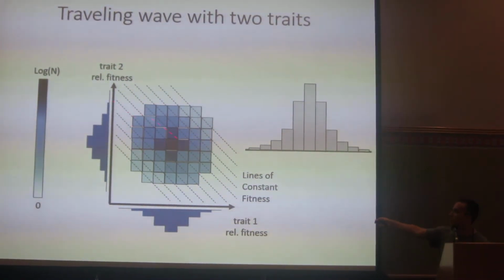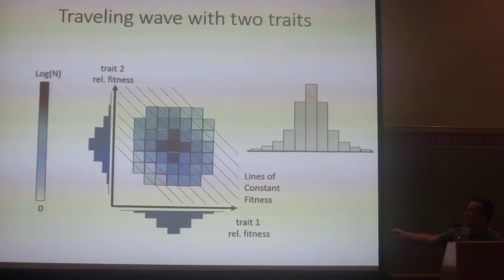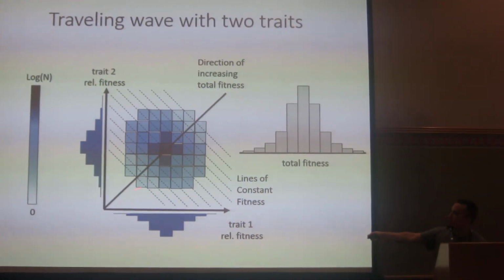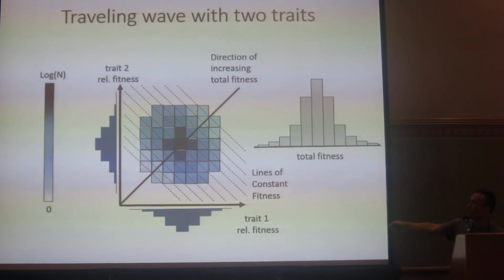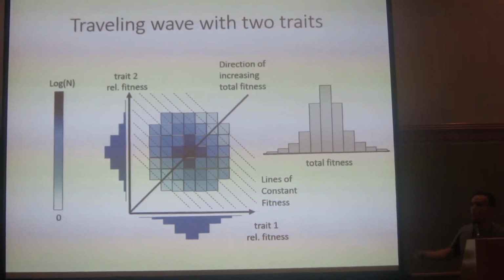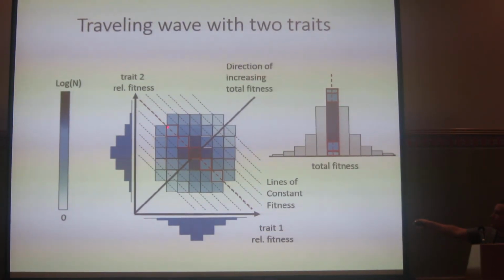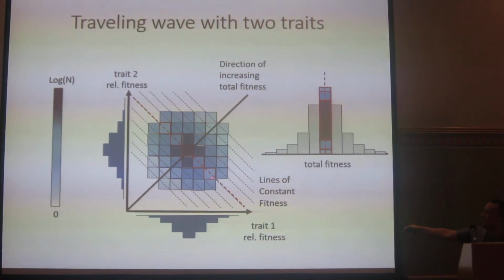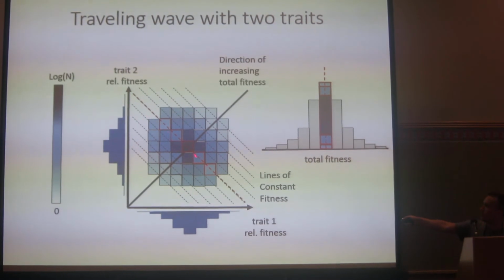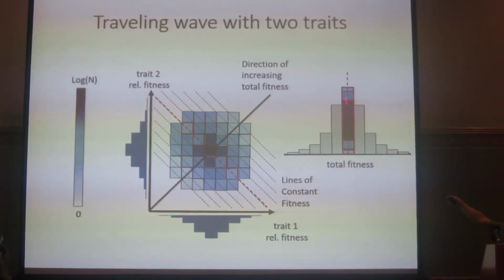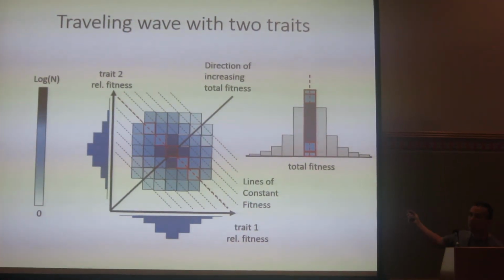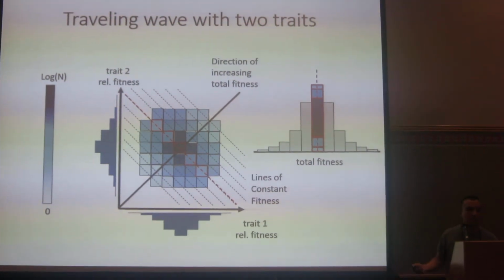So you have these lines of constant fitness, and along the perpendicular line, the total fitness is increasing for these different classes. What we can do is collapse this distribution by grouping all of the identically fit classes into one bucket, or one group, and we recover the exact same dynamics of the 1-dimensional distribution.